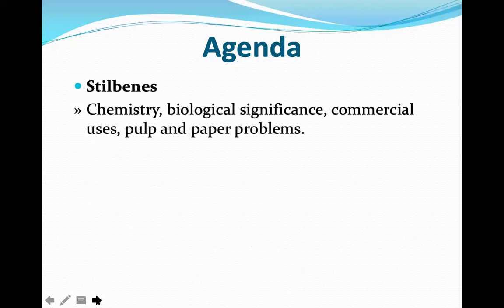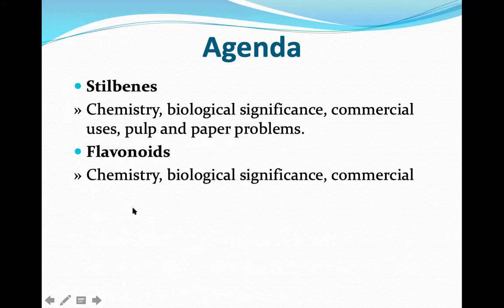So today we shall discuss stilbenes, chemistry, biological significance, commercial uses, pulp and paper problems, because stilbenes are very important in paper and pulp industries, because they are problematic for making the paper and pulp from the plant materials.